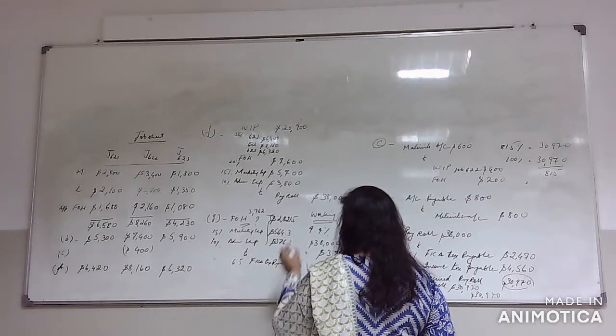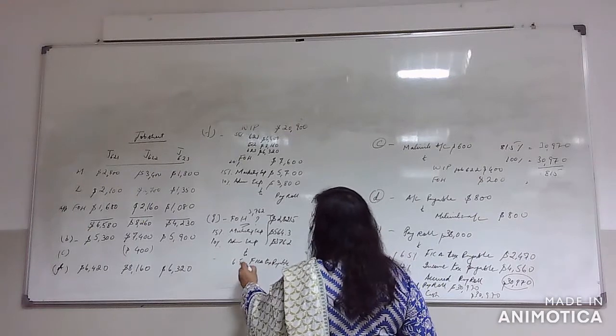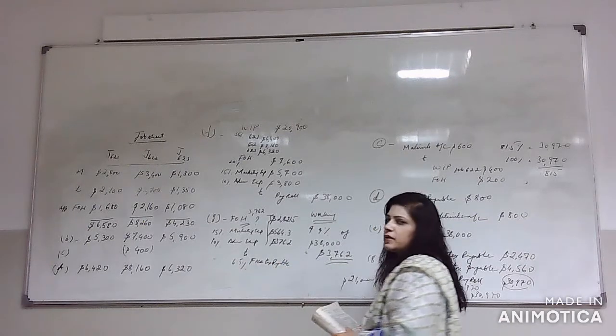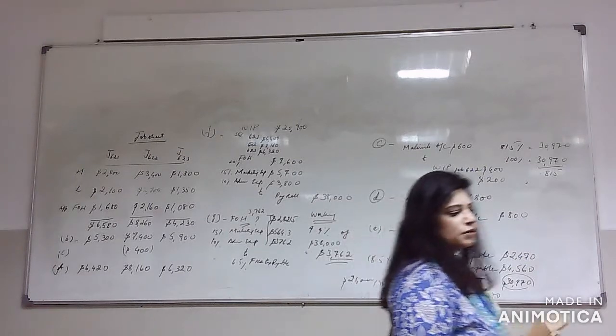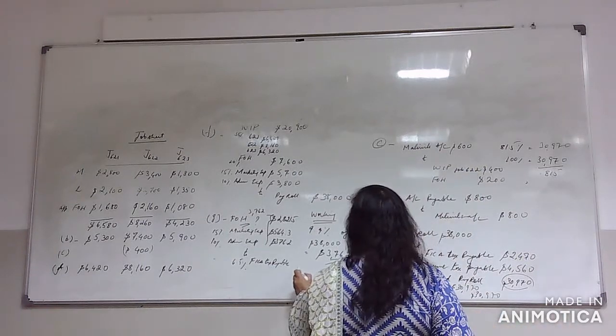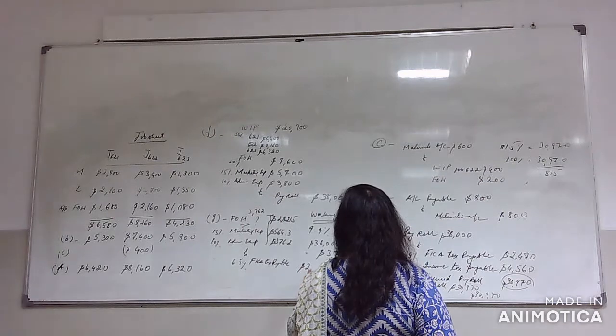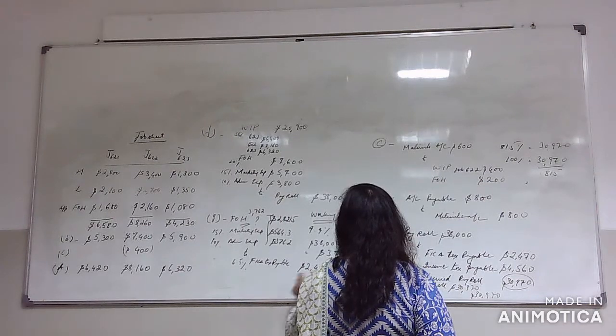Okay, so I'll just tell you how it comes to about 9.9%. This is 2470, so it's 2470.